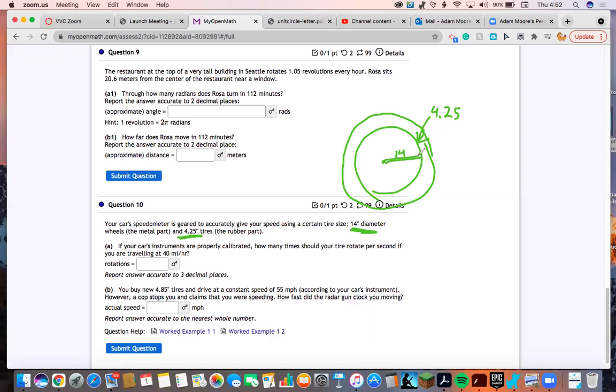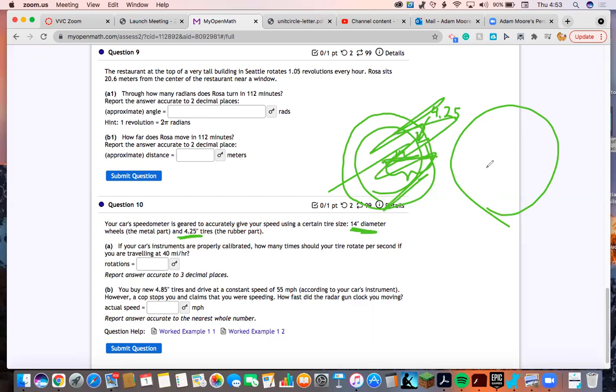That's the radius of the wheel plus the radius of the tire together, making one big radius of the functioning tire. So this is 14 inches and then another 4.25. The radius they're considering is not either of those numbers; you add them together. 14 plus 4.25, that's the big radius we're looking at, 18.25, both put together to be one big radius of your actual tire.